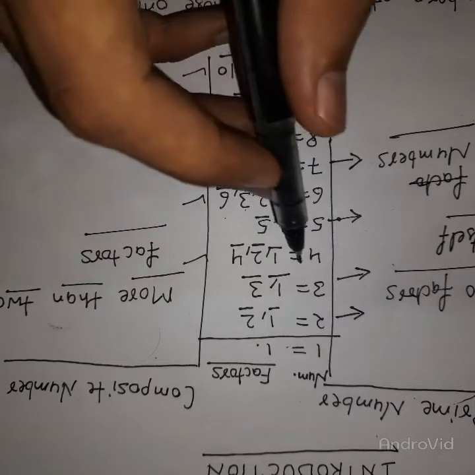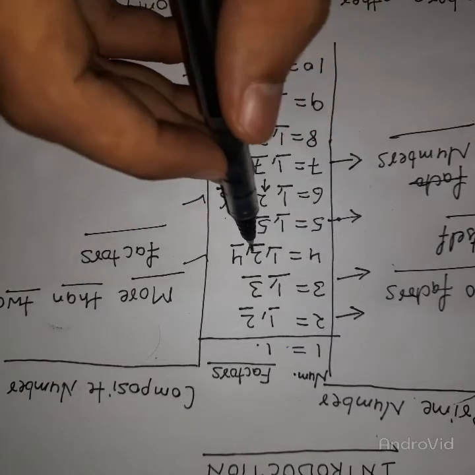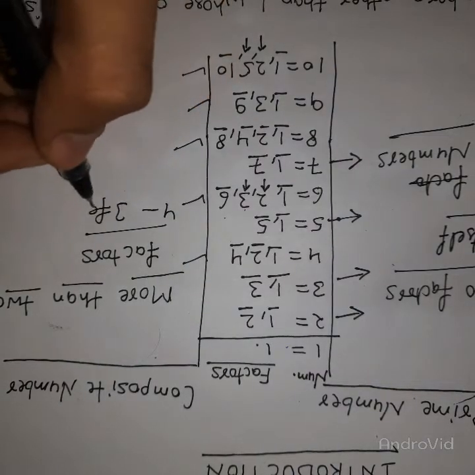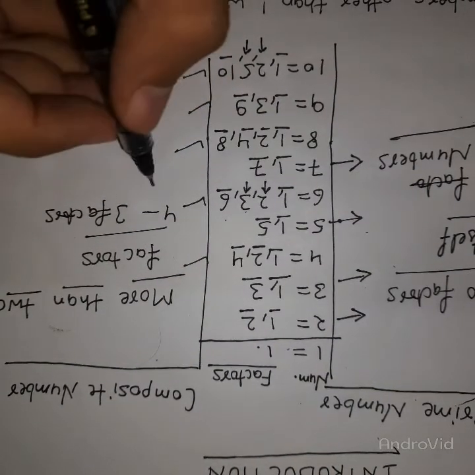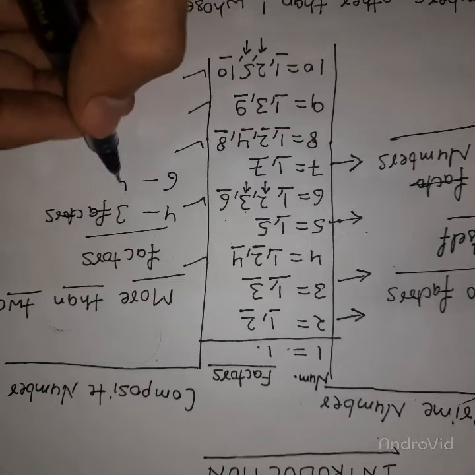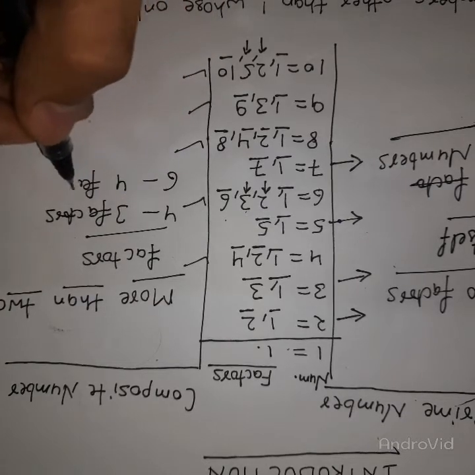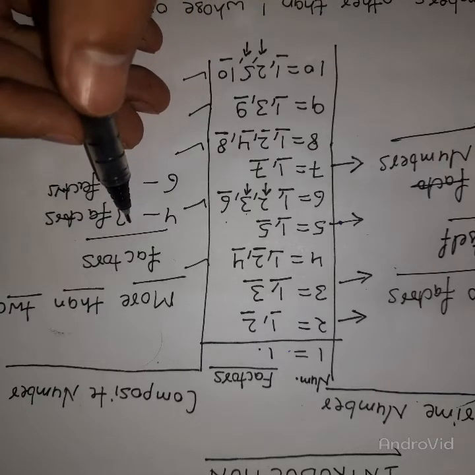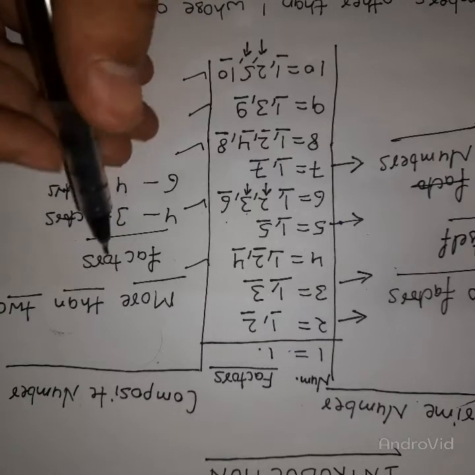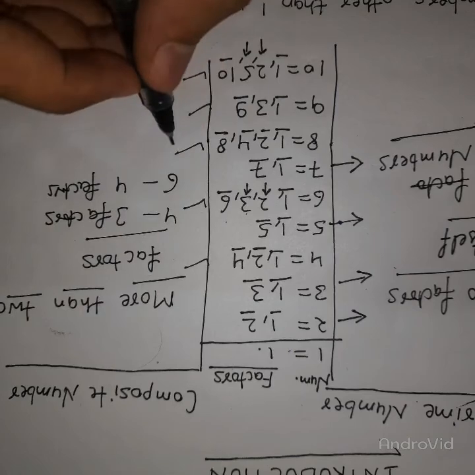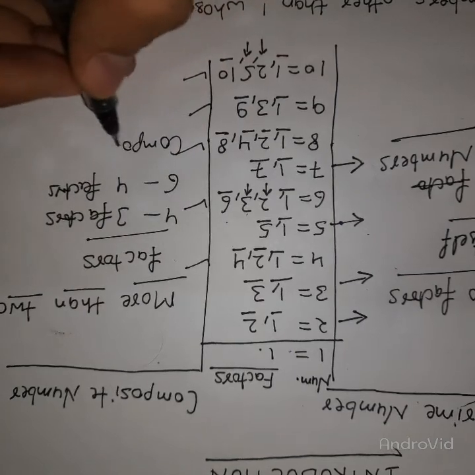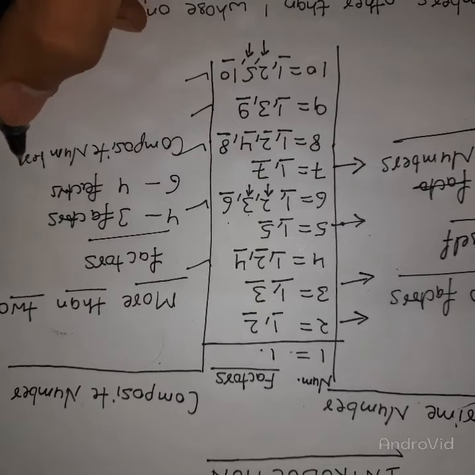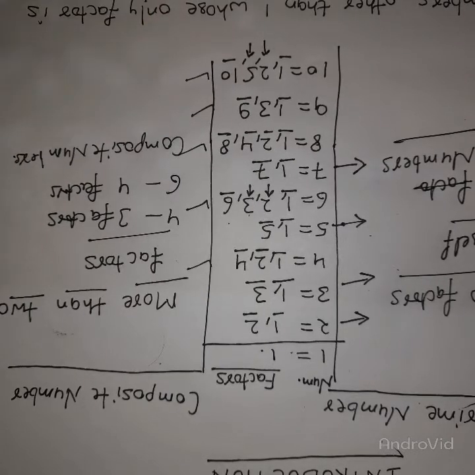For example, 4 has 1, 2 and 4 as factors, so 4 has 3 factors. 6 has 4 factors. So every number which has more than two factors is called a composite number.